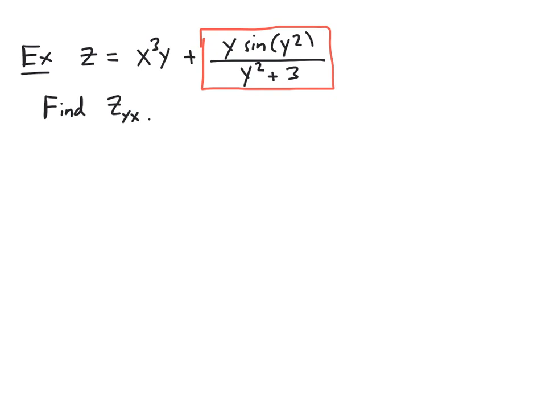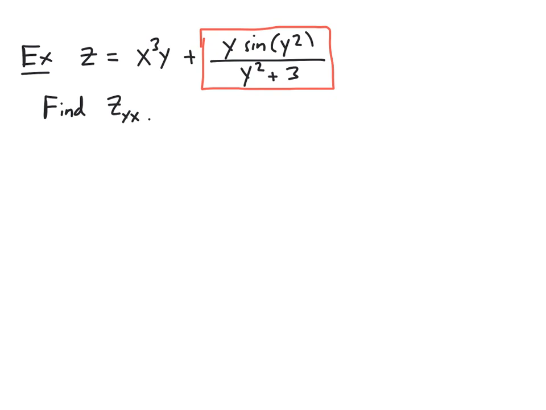And when we do the quotient rule over there, we're going to get y squared plus 3 quantity squared, which will still never be 0. And if we have to differentiate again, even, we're just going to keep getting powers of y squared plus 3 in that denominator. And so we never have any 0 denominators to worry about. And so we know the mixed partials are going to be continuous.